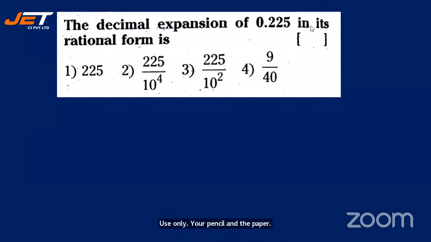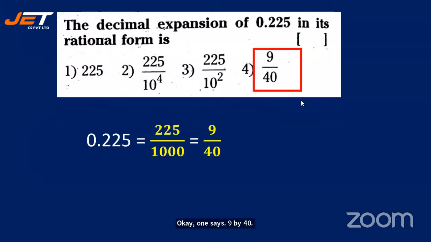All right, let's see how many are giving me the answer. Many say 3, many say 3. Okay. One says 9 by 40. Yes, it is 9 by 40. How is it 9 by 40?